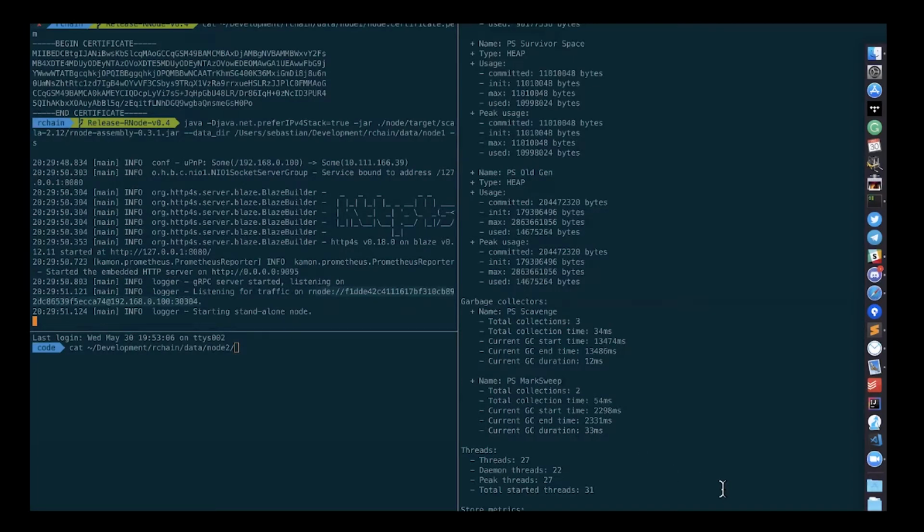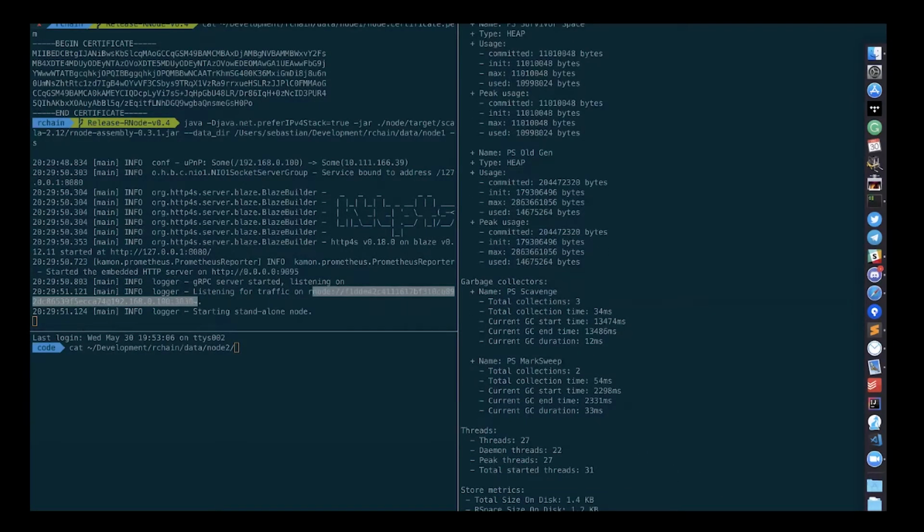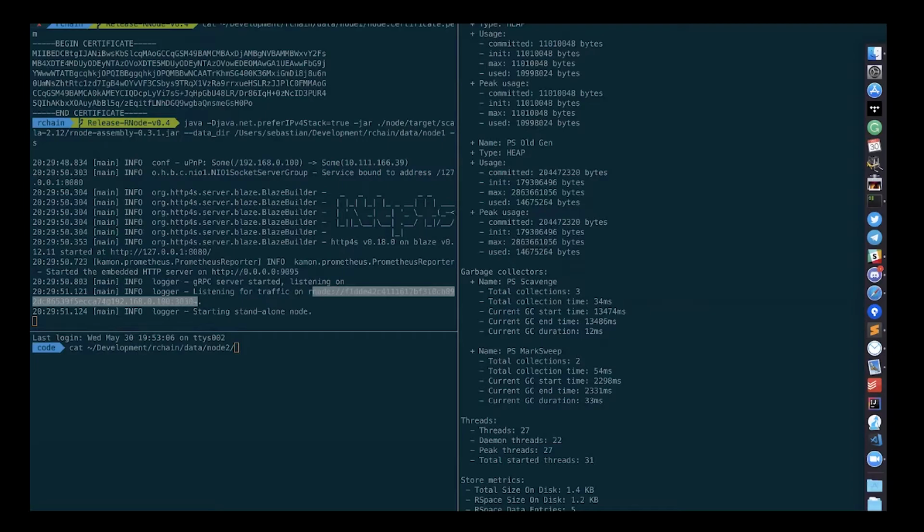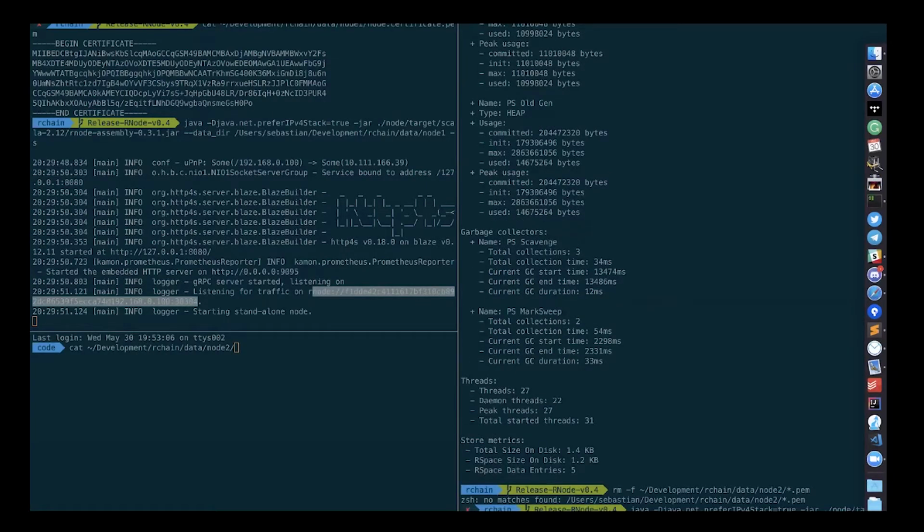And so we have our standalone node, and let's spawn a second node. Let's make sure that we have no certificates in node 2. Okay, no matches found. So node 2. This is the bootstrap address, the same.